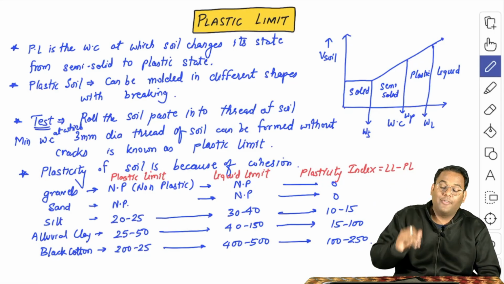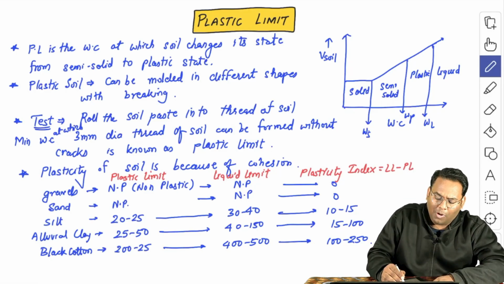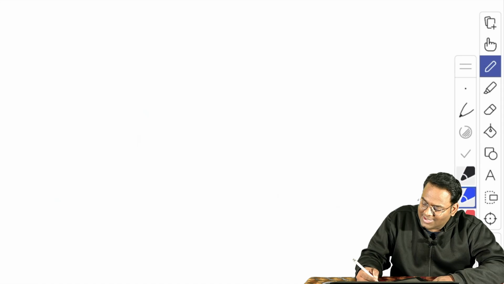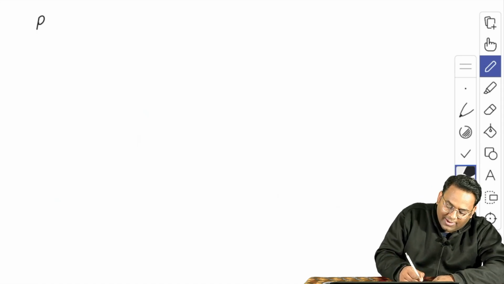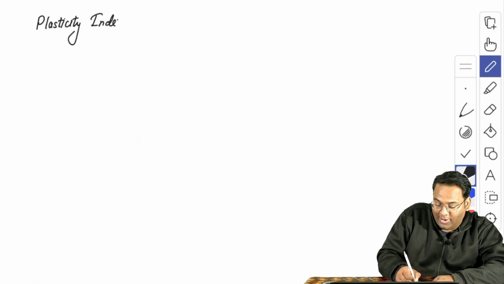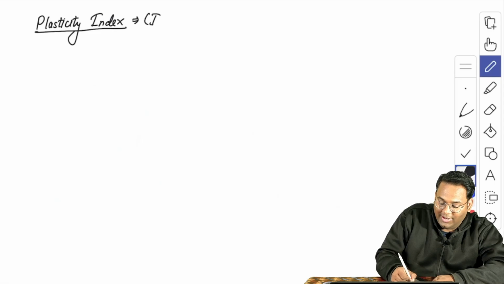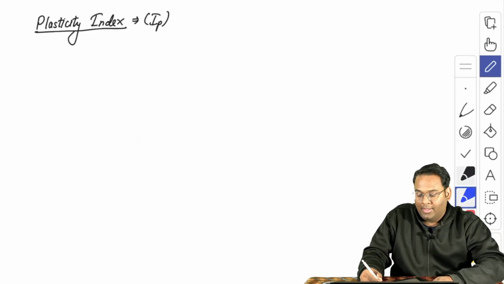Now of course, as we have mentioned the plasticity index, let me define that again properly. So the next term that we are going to define here is the plasticity index. We have already studied the formula of this. This is indicated by IP. What is this?